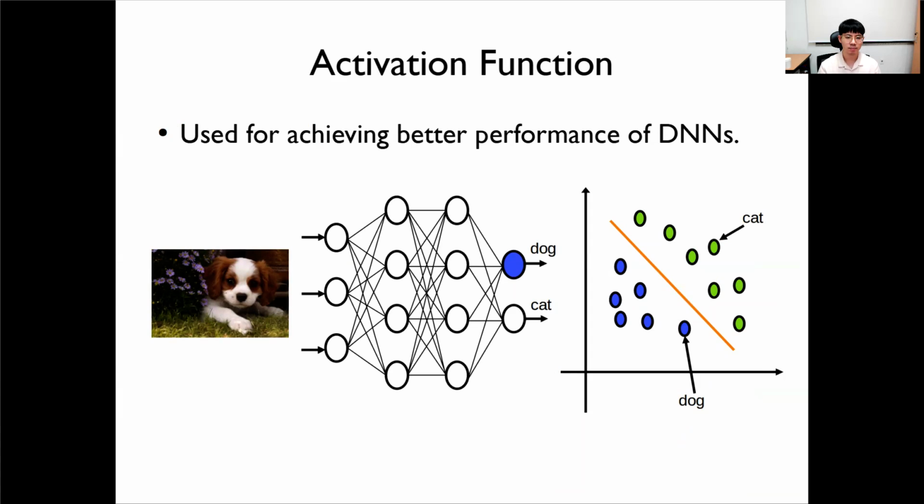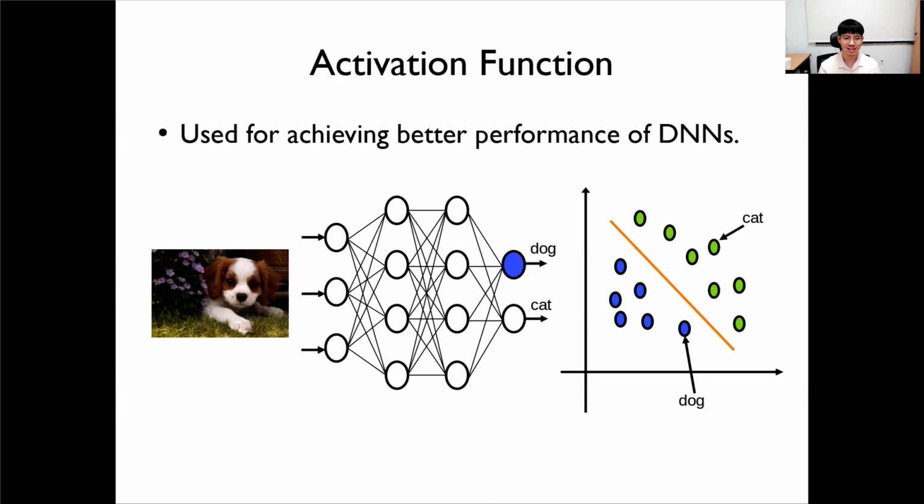And if the image data set is spread like the right side, this neural network can learn how to classify data by using a separable orange line.